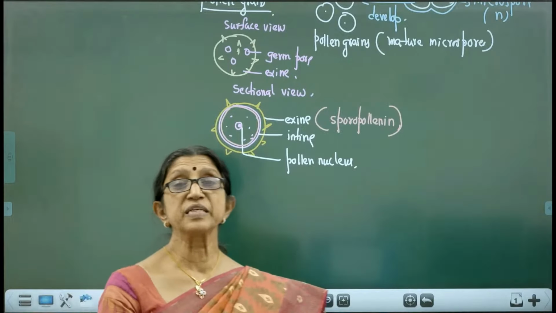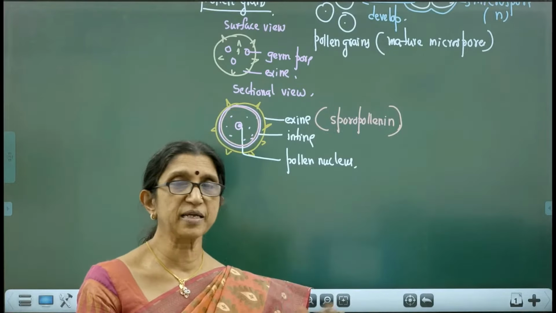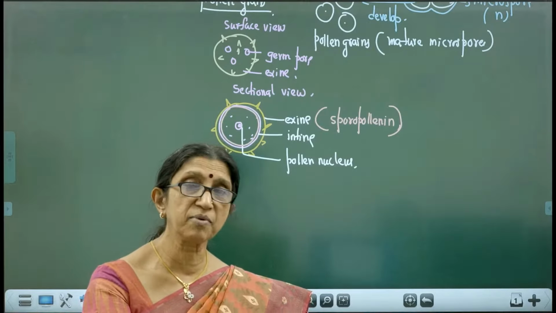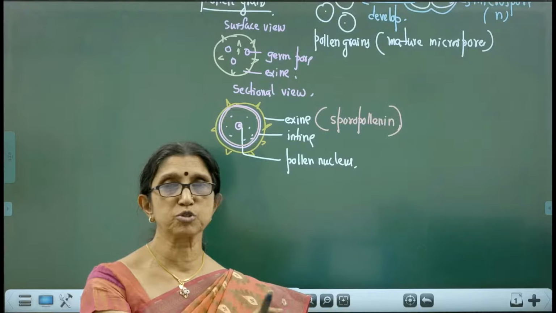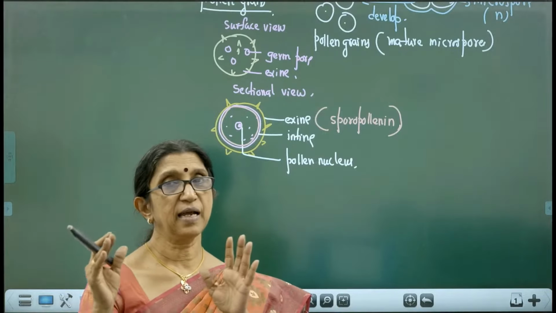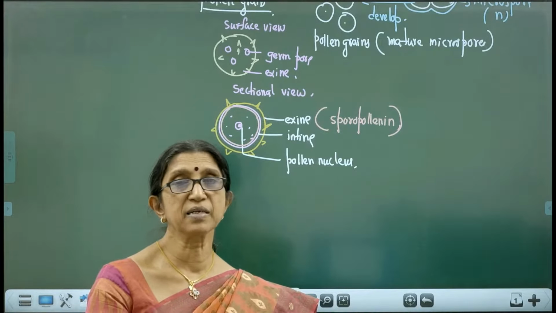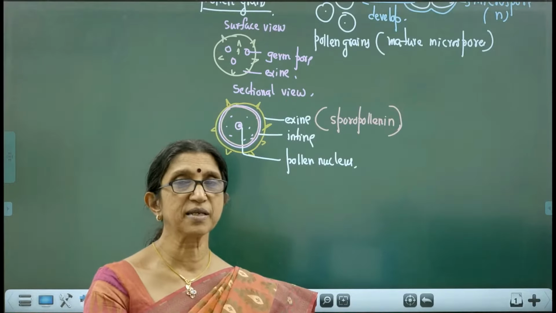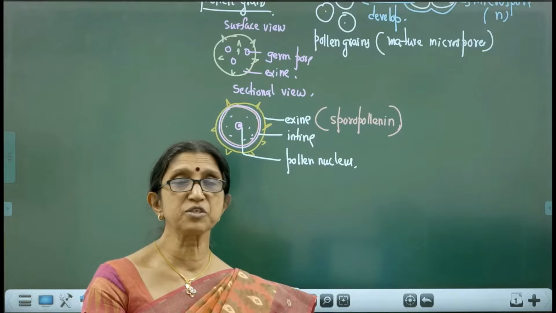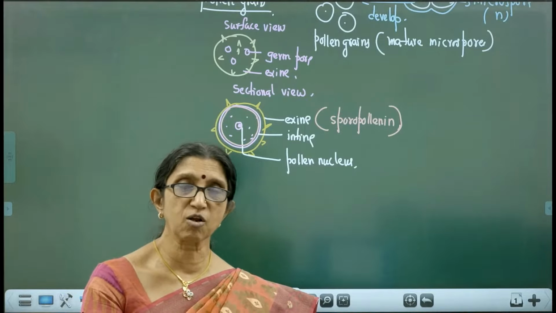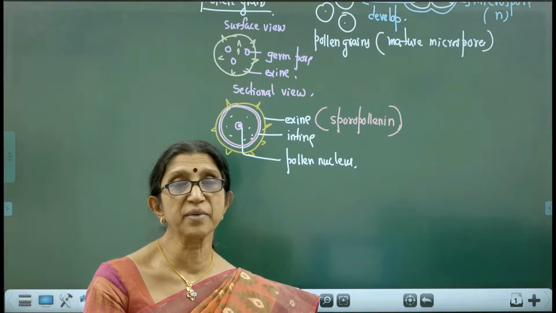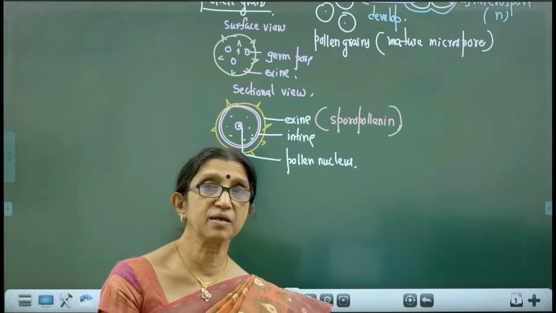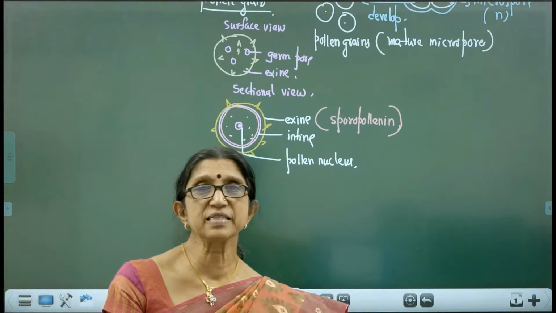Now, on maturity, the two adjacent microsporangia of each anther lobe fuse together to form a horseshoe-shaped structure. We have already studied that. At the junction of the two microsporangia of each anther lobe, we can see thin-walled cells called the stomium, and the stomium marks the point where the anther breaks to release the pollen grains.